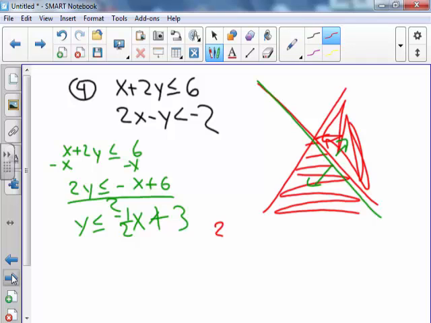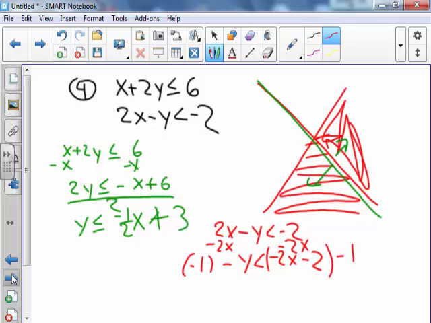So squeeze that one in here. 2x minus y is less than -2. I'm going to subtract 2x from both sides, and I got -y is less than -2x minus 2. I got to multiply everything by -1. So when I do that, y greater than, because it flips the inequality, 2x plus 2. So now I know the positive slope.